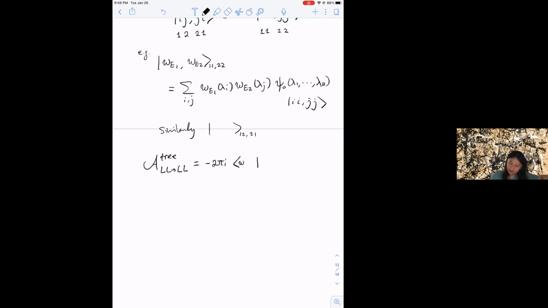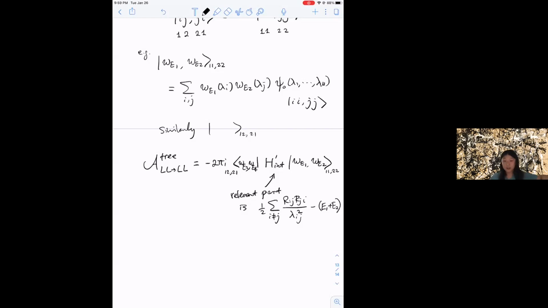The WE3, WE4, let's say in the sector 1, 2, 2, 1, the interaction Hamiltonian, H prime interaction, WE1, WE2 in the 1, 1, 2, 2 sector, where here the only relevant part of the interaction is this 1/2 sum over i not equal to j, Rij, Rji over lambda ij squared, minus the long string energy itself, E1 plus E2.